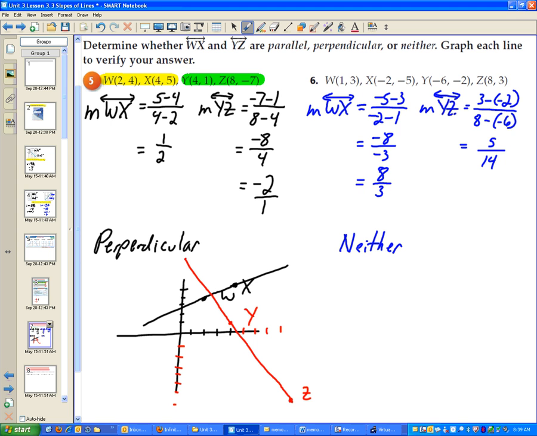And it looks like, yeah, maybe they are perpendicular. I can't prove it from the graph, but that's all you got to do on the graph, okay? Am I right in thinking that the graphing is something you're fully equipped to handle? Okay. I'll let you do your own graph for 6 then.